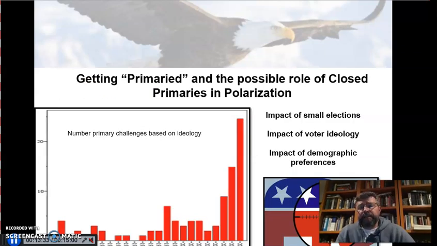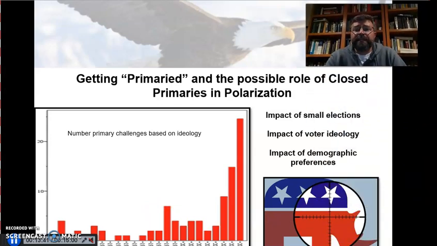Now, this means that electoral primary politics can get kind of ugly, because in closed primary states, only Republicans can vote for Republicans, and that means that only the most dedicated political people, the most dedicated Democrats, the most dedicated Republicans will vote in the primary election.